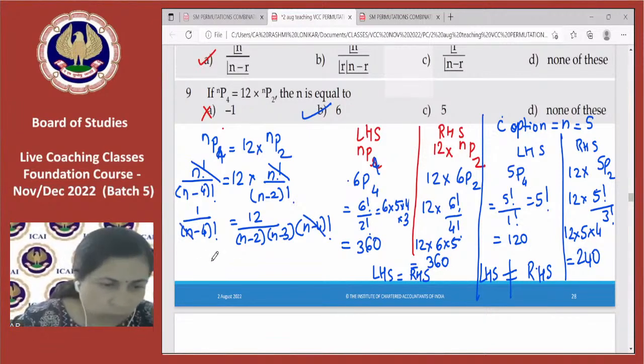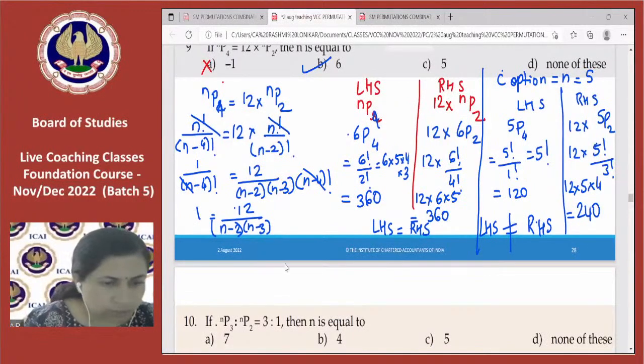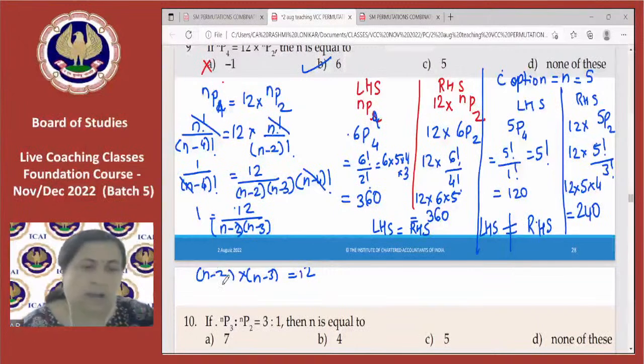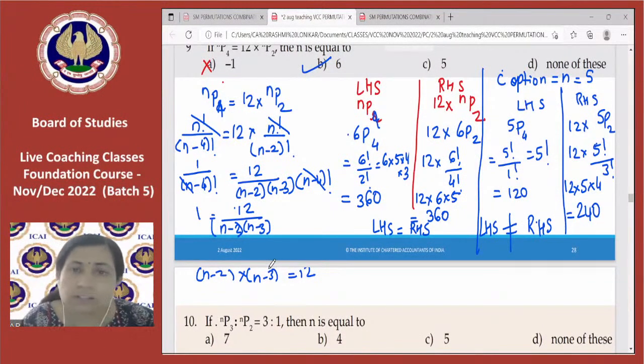I have got 1 is equal to 12 upon n minus 2 into n minus 3. So what do I do? I have n minus 2 into n minus 3 is equal to 12. What are the factors of 12?